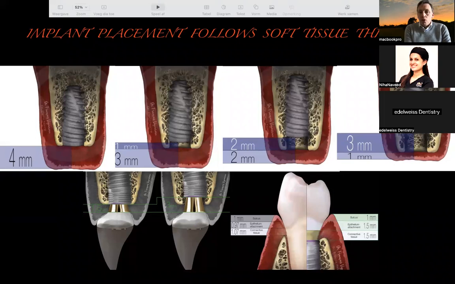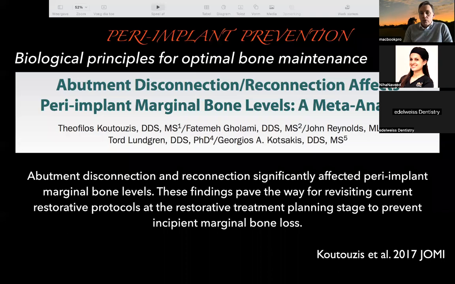If you have only 3 millimeters of gingival height, it's preferable to place your implant a little bit deeper. If you have only 2 millimeters, you place it 2 millimeters deeper. And if you have only 1 millimeter, a thin biotype, then you place your implant 3 millimeters deeper. If you place your implant crown too close to the implant level, then because of the biological width, you lose this bone anyway, and that's what you don't want.